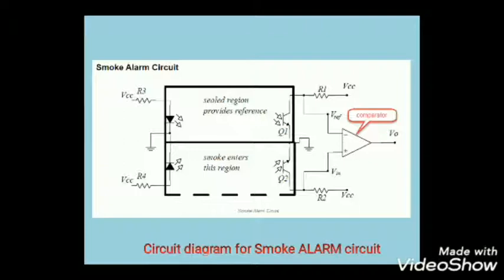The base current decreases and the voltage Vin will increase from the base value. When the voltage Vin crosses the reference voltage, the output of the comparator switches from VL to VH, triggering the alarm. In this manner, it works.